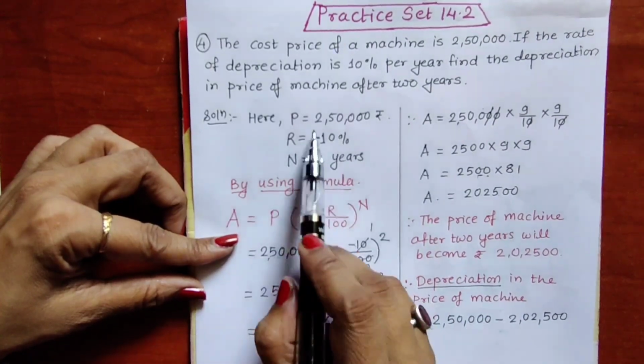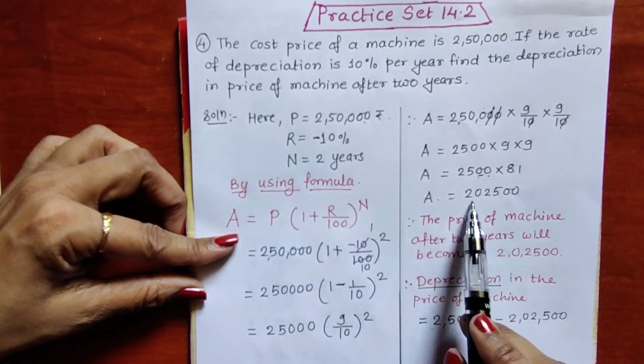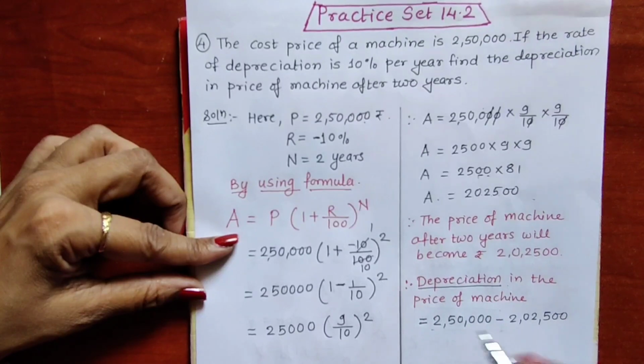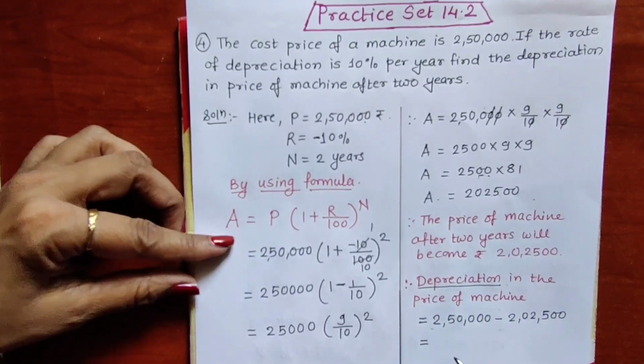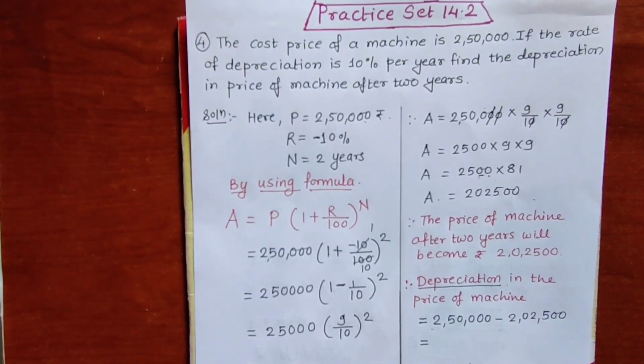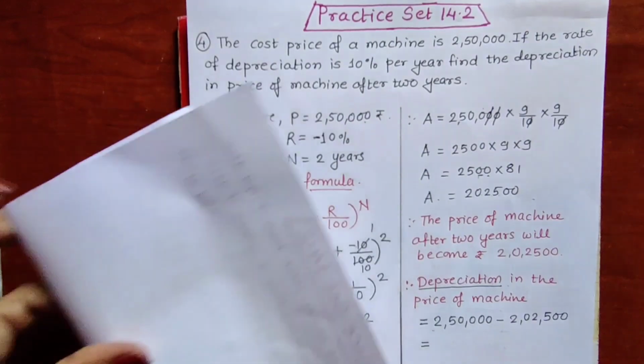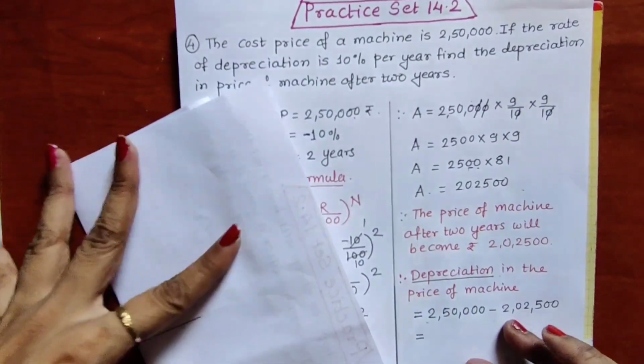So in the beginning price was given this much, after 2 years price has become this much. So we can subtract to get the depreciation, to get the decrease in the value of the machine. So this subtraction we will do in our rough page again.